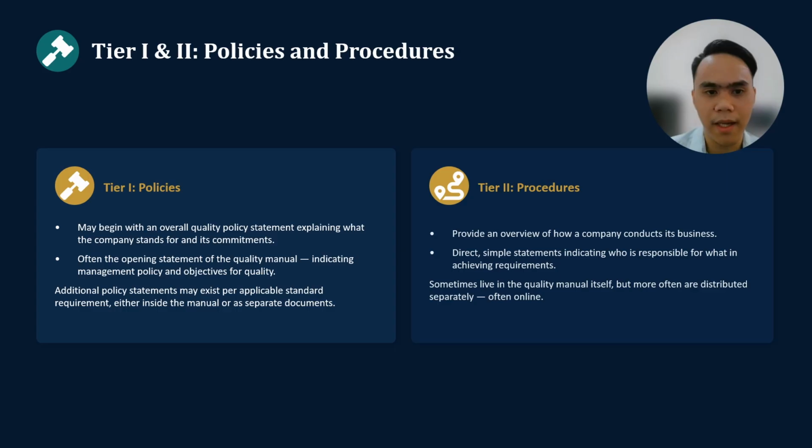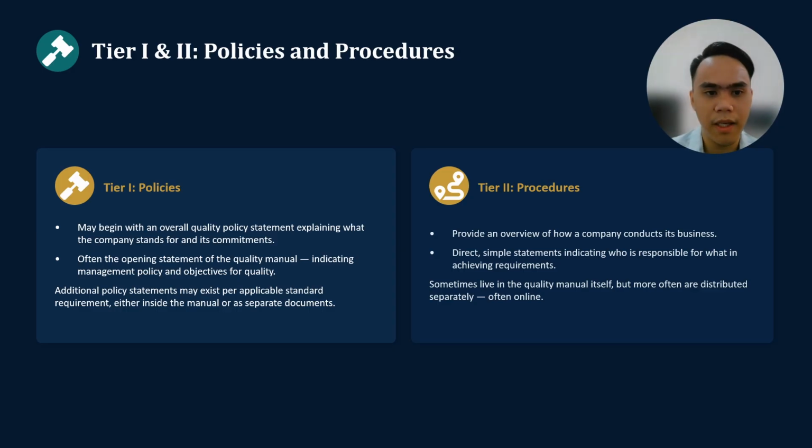A procedure uses direct yet simple statements that indicate who is responsible for what in the course of achieving the stated requirements. In some cases, procedures lie directly inside the quality manual, but more often they're distributed separately, frequently online, where they can be updated and accessed without needing to reissue the full manual.